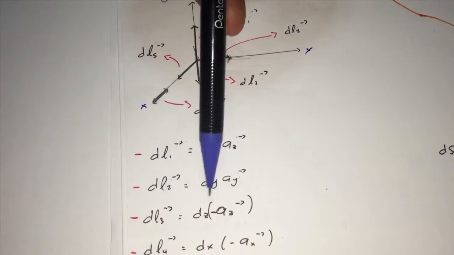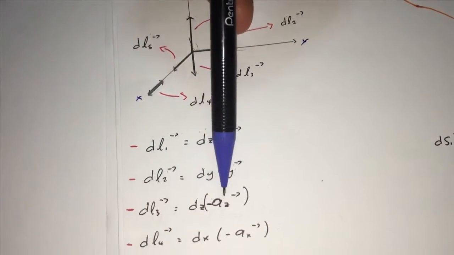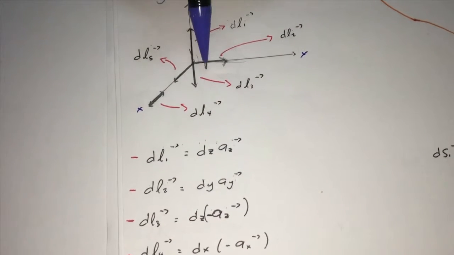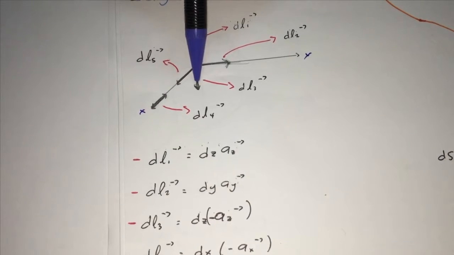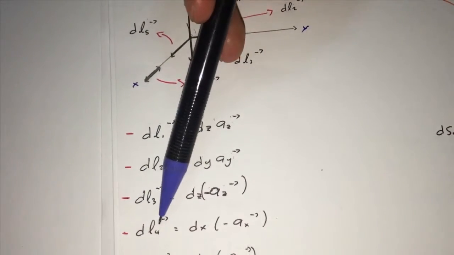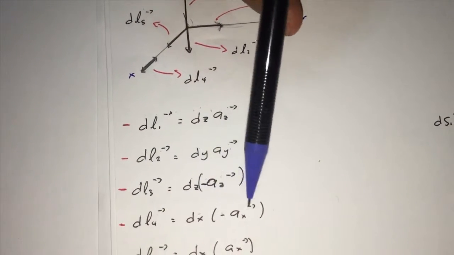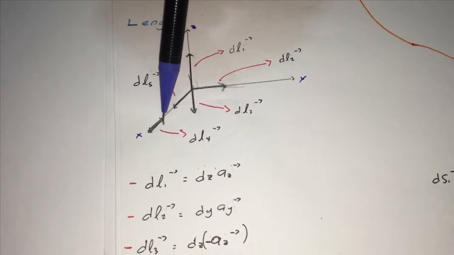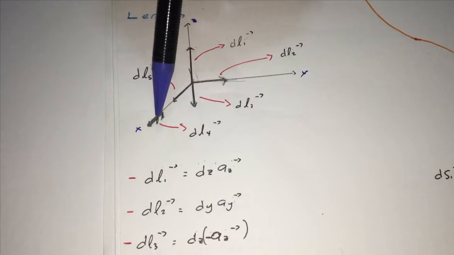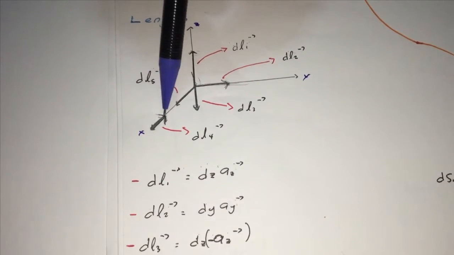For dl3, dz negative az, because the direction of az is to negative infinity. dl4 is dx negative ax, because the direction of ax is to negative infinity.